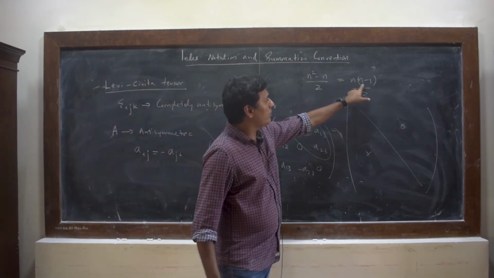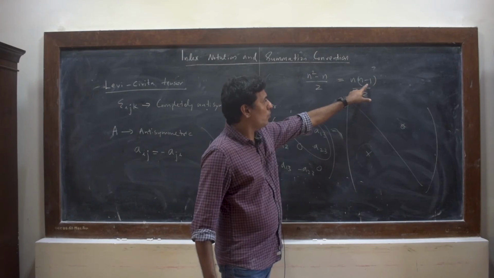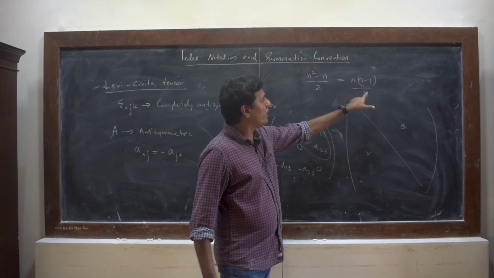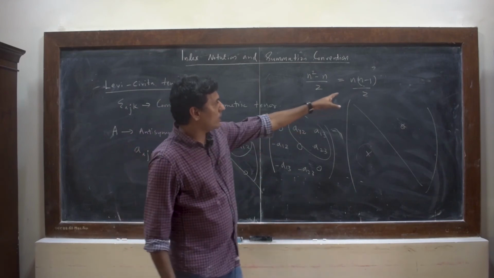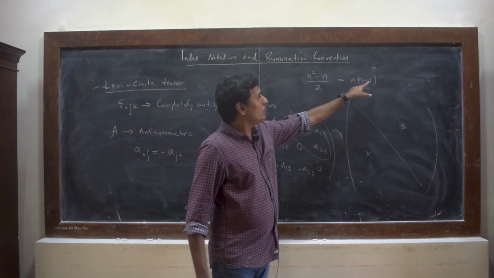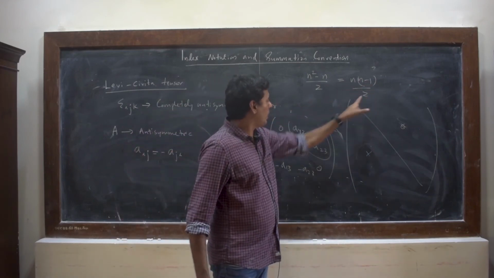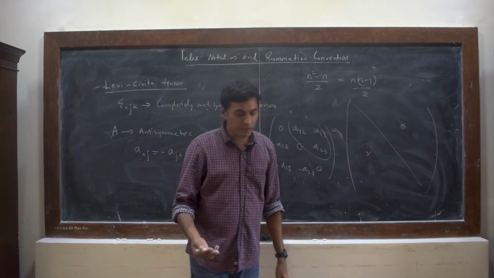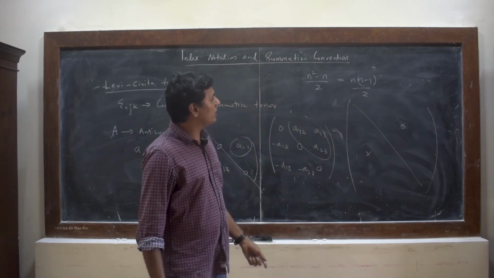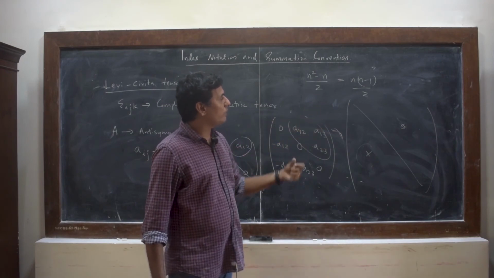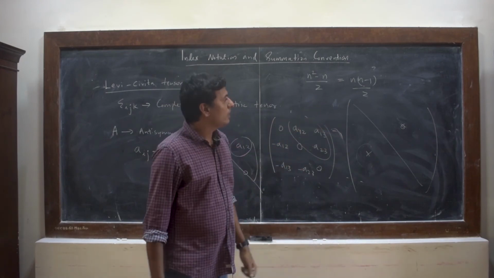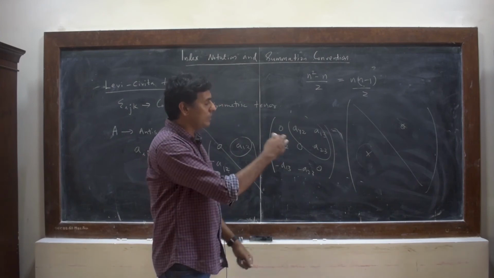Here n minus 1 will be 1, so 2 into 1 divided by 2 will be just 1, this element. When n is equal to 3, you will have 3 into 2 by 2, so you will have 3 elements. In 4 dimensions you will have 4 into 3 divided by 2, that is going to be 6. Okay. So it goes like that.